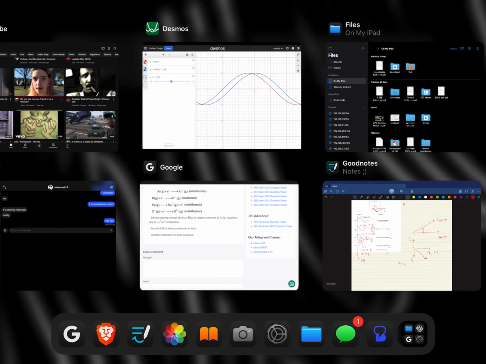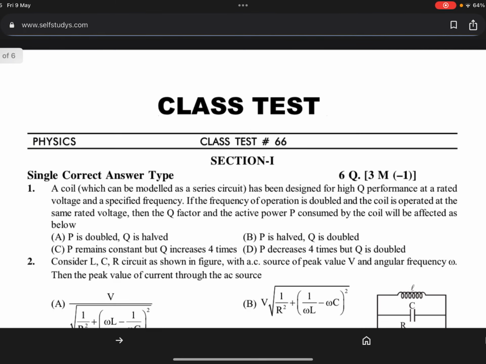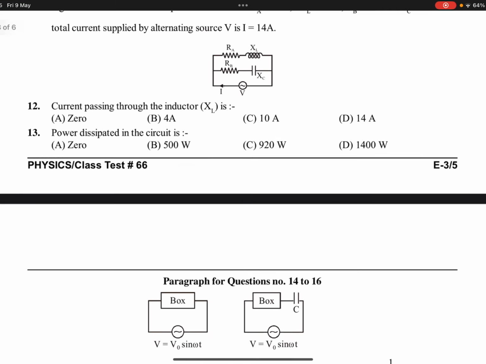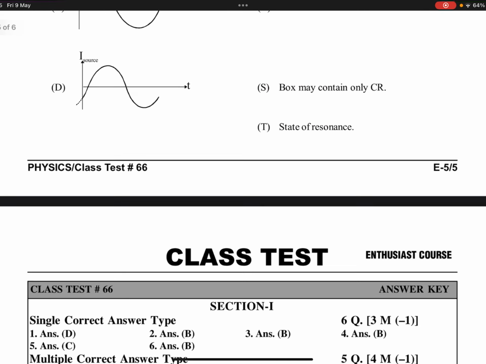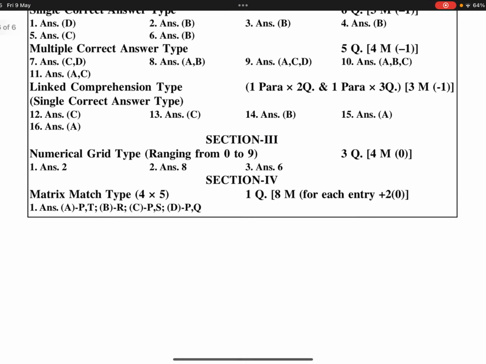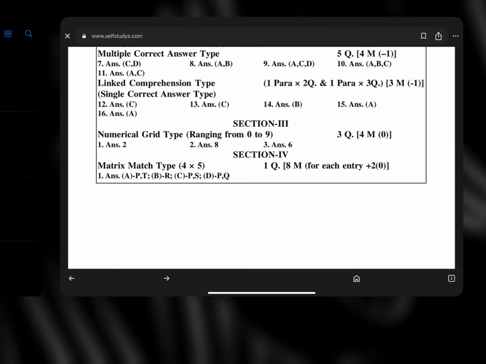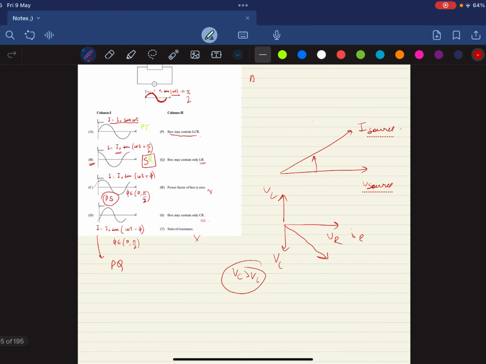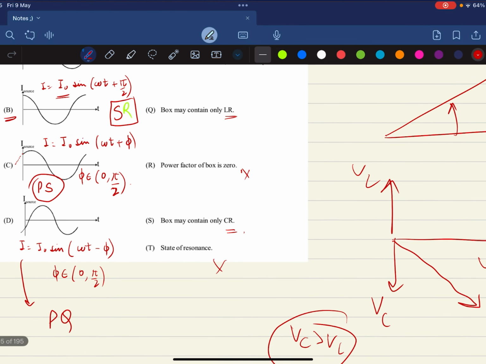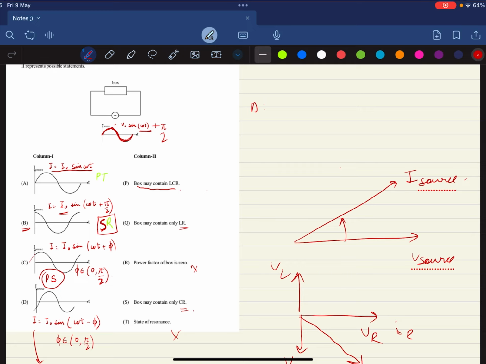I think I had it on Google. Yes, we have it on Google. This is section 4, question 1. PTRPSPQ. So we got this one wrong. S won't come here. Let's see why we got this wrong.